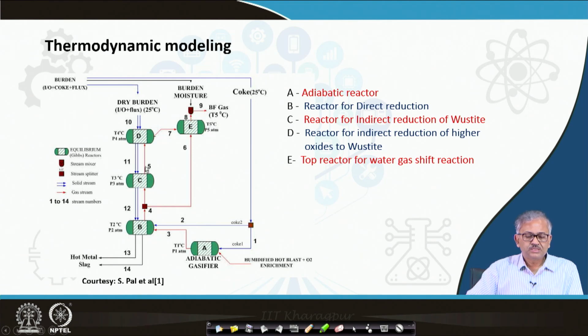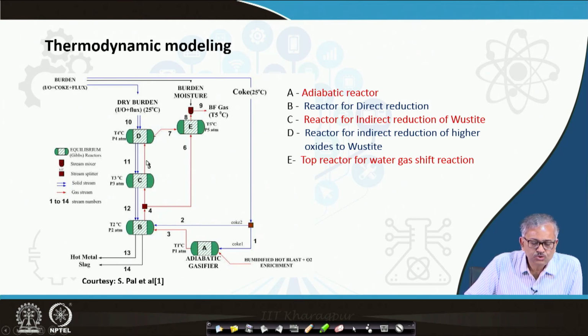From here the CO gas will come and join reactor D. Reactor D is the higher oxide reactor, for indirect reduction of the higher oxides, so Fe2O3 will convert to magnetite and magnetite to wustite, and the output of D will be wustite only. So wustite will come here, and from there the CO gas will move out, right? After thermodynamic equilibrium here, it will move out here.